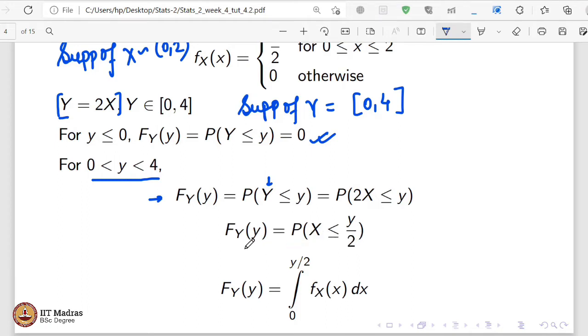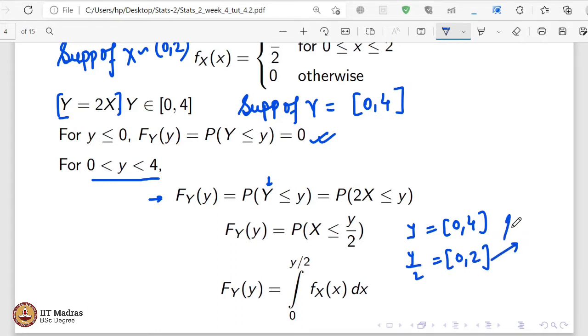So the CDF of y is equal to the probability of x less than or equal to y upon 2. We'll see whether y upon 2 lies in the support of x or not. If it totally lies, then we don't have to break the y. Otherwise we have to break. So y upon 2 is what? If y is from 0 to 4, then y by 2 will be inside 0 to 2, right?